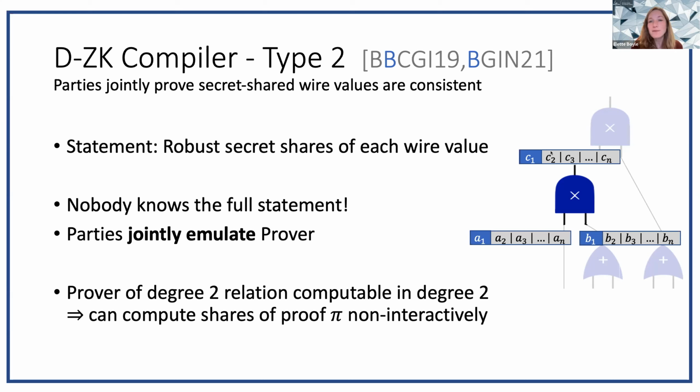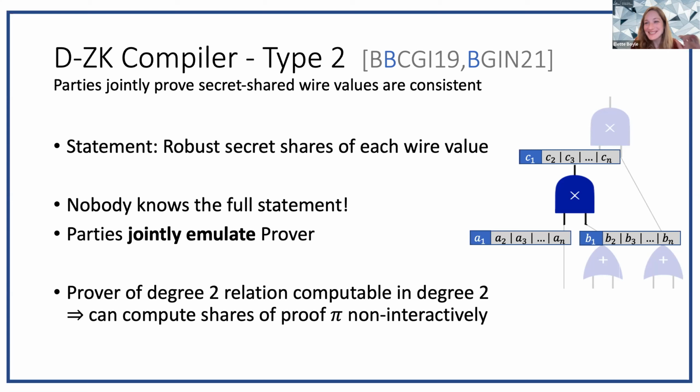It's some form of, if I were to combine these shares, which typically is a linear operation, that's equal to the product of what I would get if I combine these shares multiplied by what I get when I combine these shares. And I have one of these statements for each and every multiplication gate. These turn out to be the challenging ones. So I can express this as one giant degree 2 constraint that has lots and lots of subchecks within it.